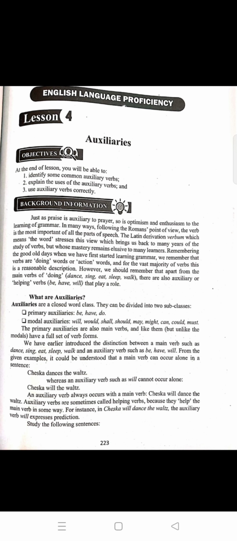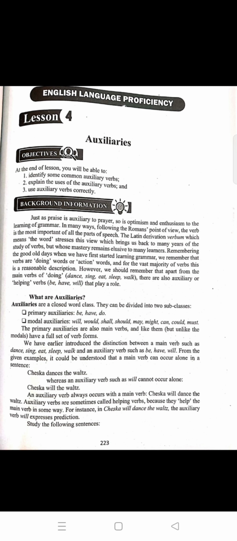We have earlier introduced the distinction between main verbs such as dance, sing, eat, sleep, and walk, and auxiliary verbs such as be, have, and will. So, we have here an example. Cheska dances the waltz. Whereas, an auxiliary verb such as will cannot occur alone. Cheska will blank the waltz.